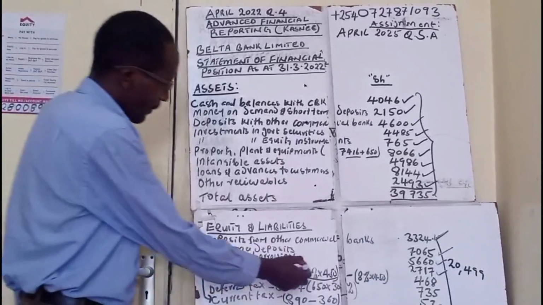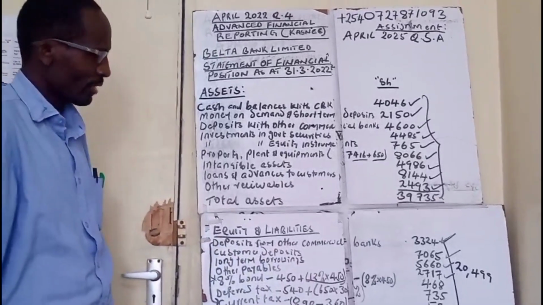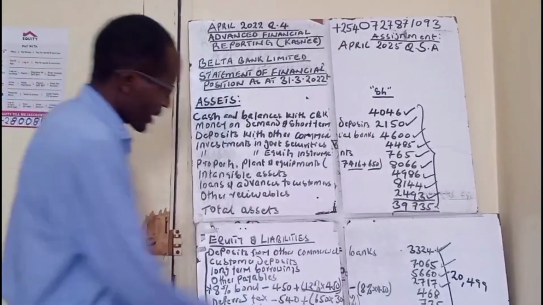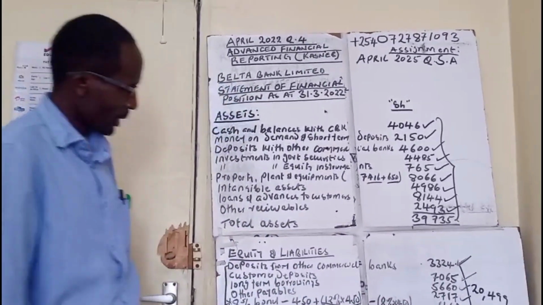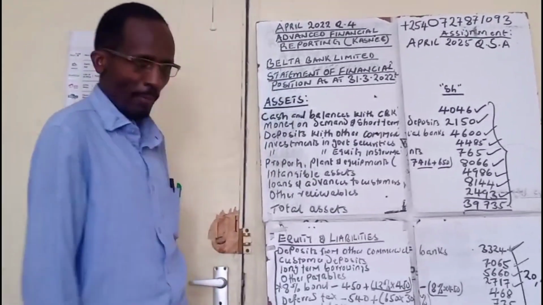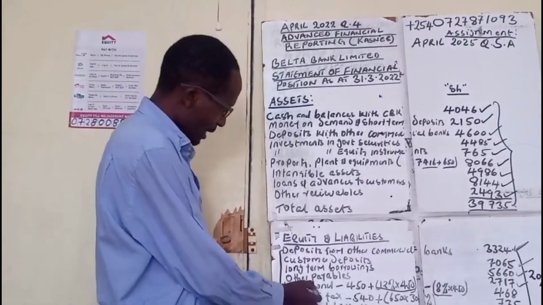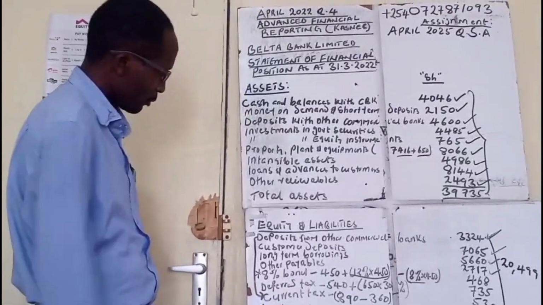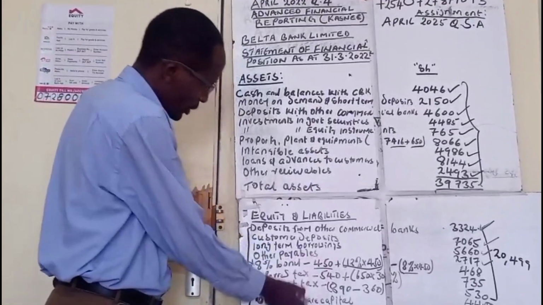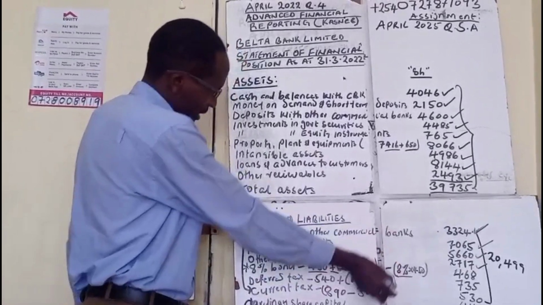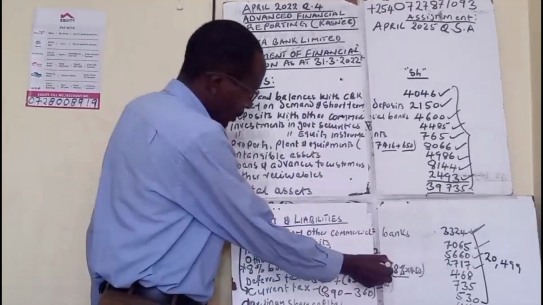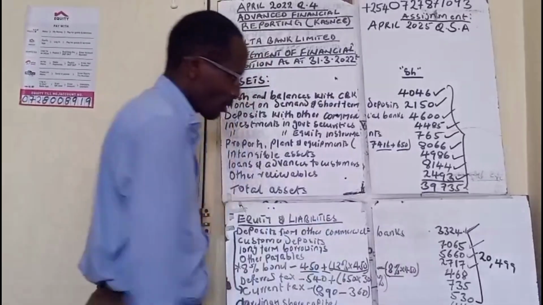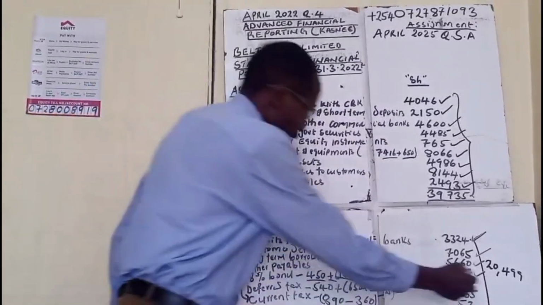Remember, 12% was the effective interest rate, but 8% is the coupon rate of this particular bond based on the par value. So to get the 8% bond value, we took 450 plus 12%, which is the effective interest rate. Then we minus 8% of 450.